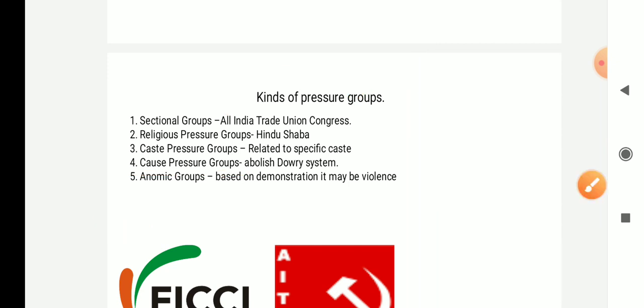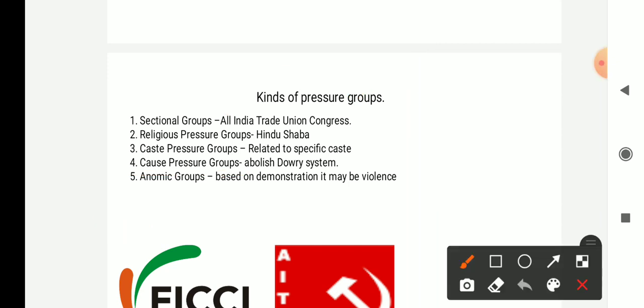Then we have some anomic groups also. These groups are formed for temporary work, for temporary benefits, or for temporary actions. They are known as anomic groups. Along with this, we have certain tribal groups, peasants groups, labor groups, and different groups do exist.